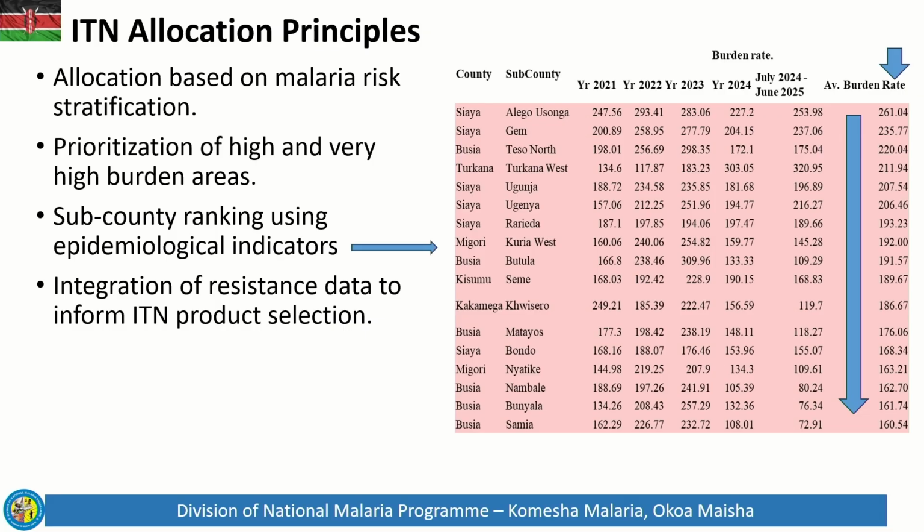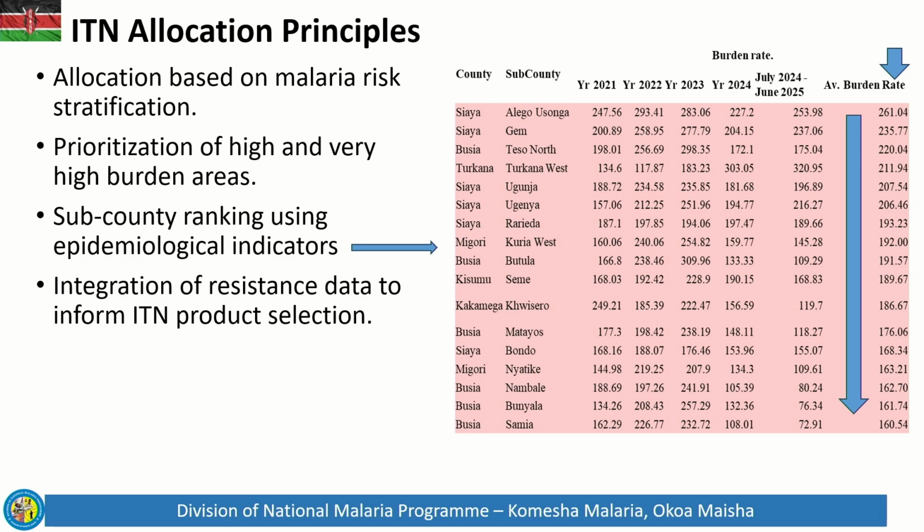We used the data for 2021 up to June 2025, and we did the average burden rate for those sub-counties within those counties, and that's how we ranked from the highest average burden rate to the lowest. That is how we prioritize placing interventions with the resources that were available.